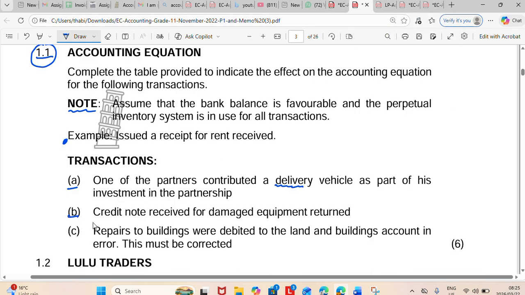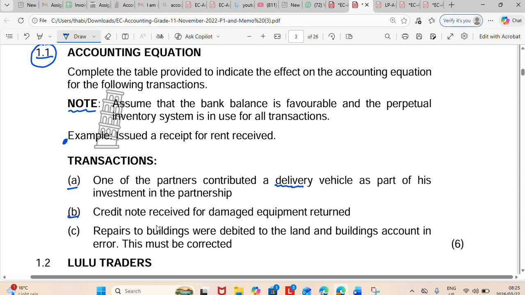And then B, credit note received for damaged equipment returned. So what happened here, guys? Let me read again. Credit note received for damaged equipment returned. We purchased an equipment on credit. What happened when we purchased this equipment on credit?